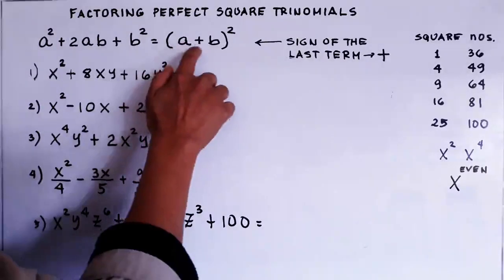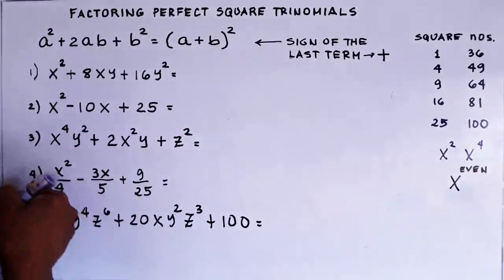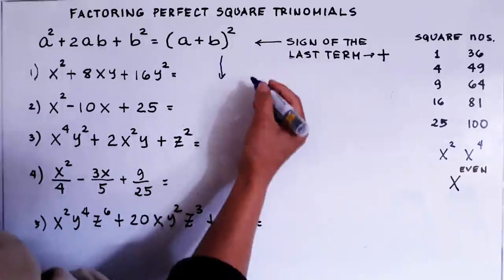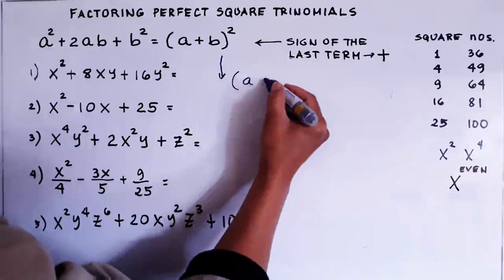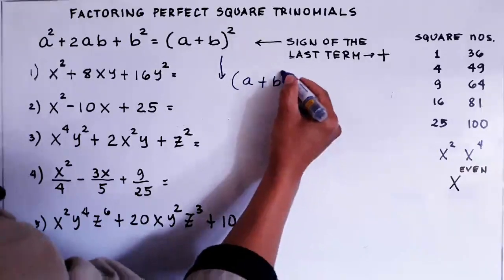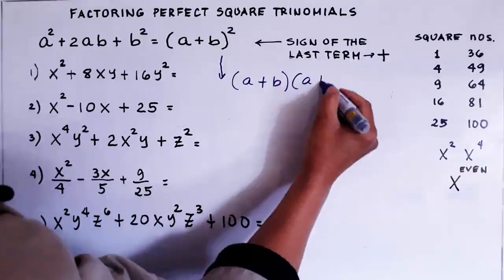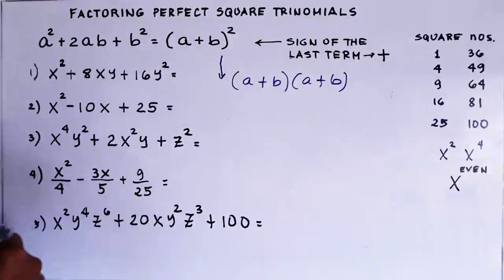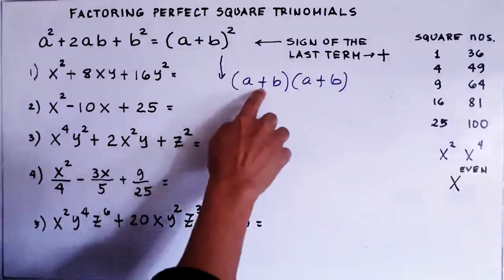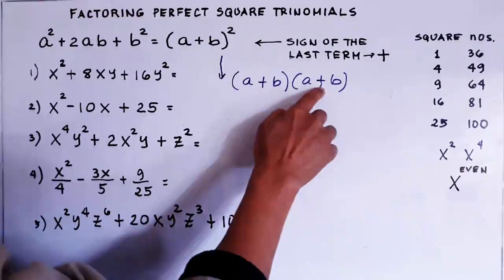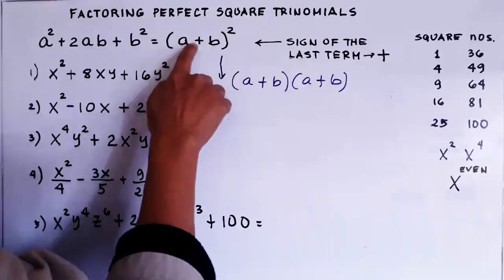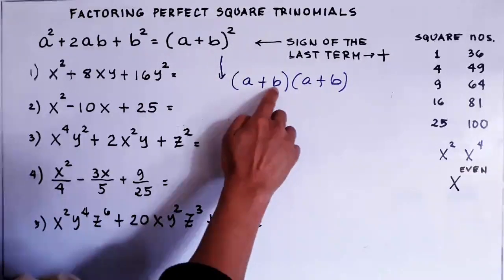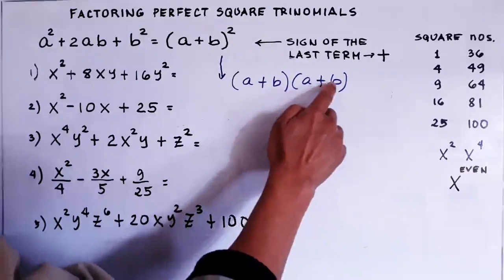Class, this one is a plus b to the second power. It's not really like that one. If you are going to write that one in a different form, we have a plus b times a plus b, two binomials, and they are both positive. If this one is a minus b, then we have a minus b times a minus b.